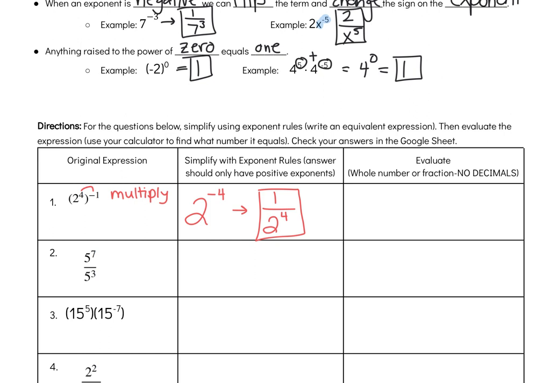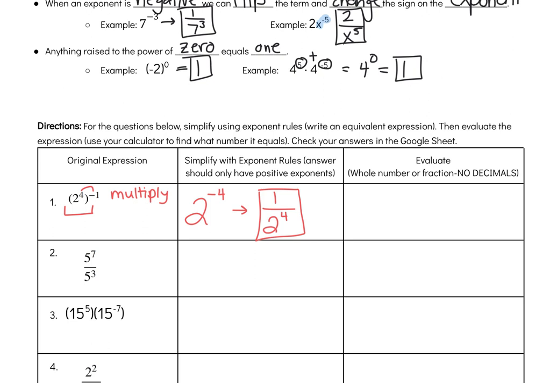That's just type it in the calculator. You can type the original into the calculator, parentheses 2 caret 4, close your parentheses, and then to the negative first. Or you can type in what you got simplifying, 1 divide by 2 to the 4th. I would probably type in the original, but both should give you the same answer.